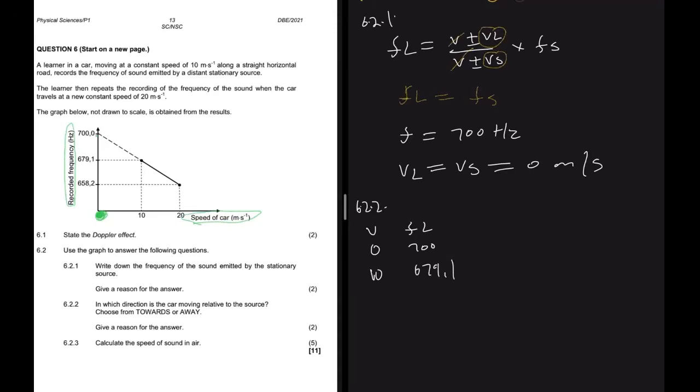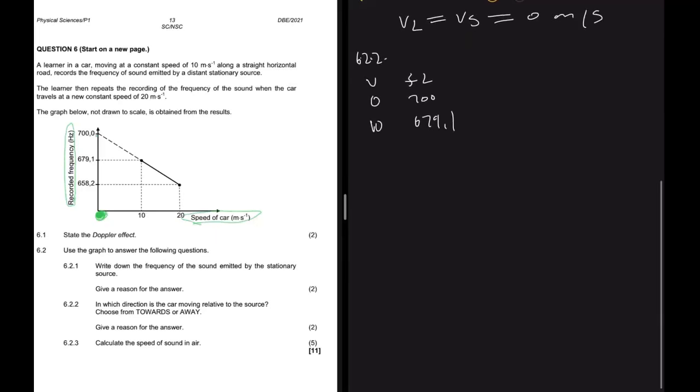779.1. So it seems like when the speed of the car is increasing, the frequency observed is going down. That only happens when a vehicle is moving away, right? Whether the sound source is moving away from the listener or the listener is moving away from the sound source. But in this situation, we know very well that the sound source is stationary, so the listener is the one moving away.